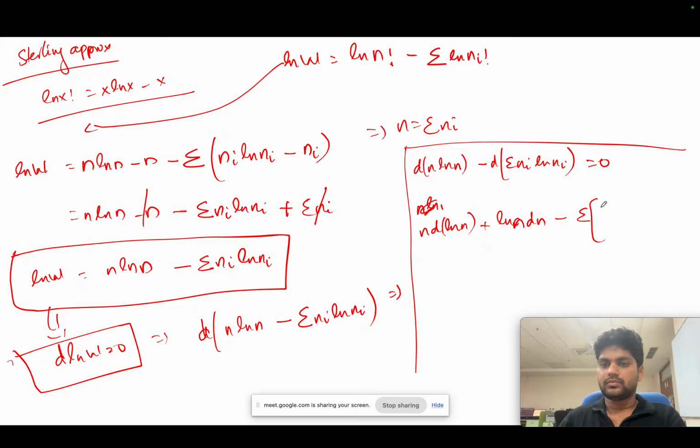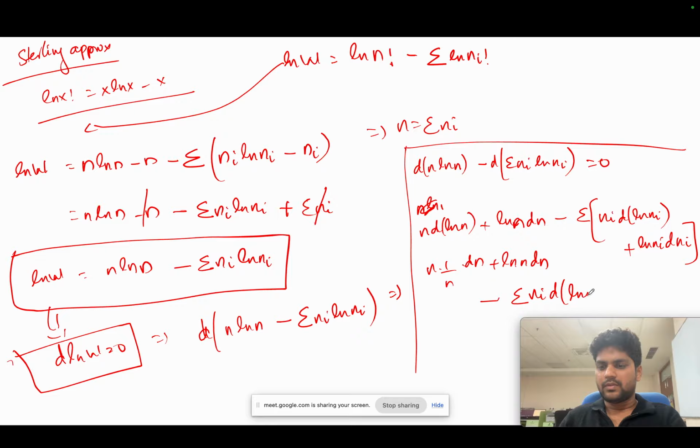So now we have n into (1/n) into dn plus ln n dn, minus sigma ni d of ln ni, minus sigma of ln ni dni.